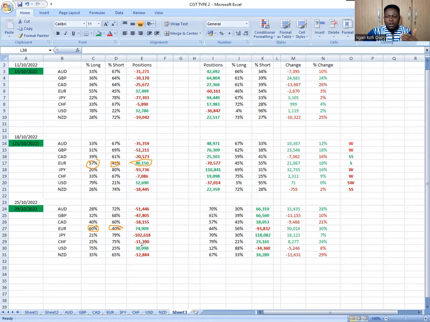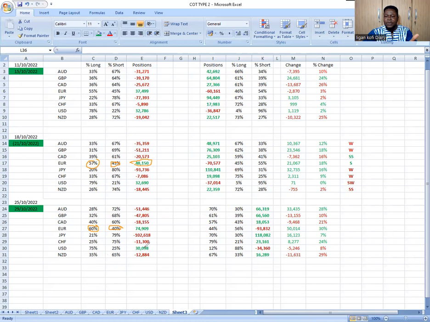We are not looking for a bullish but reduction. Do you get a scenario? Once it is bullish and it begins to reduce, then it means we may see a reversal. The same way when it is bearish and the bearishness is beginning to reduce, it means we will see a reversal.